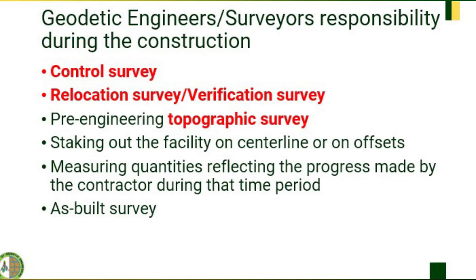So we have here the engineering survey involves establishing of control points. So it could be by traverse, by baseline, or other methods to obtain information required for engineering designs and to set out construction points from design drawings by the use of these control points.